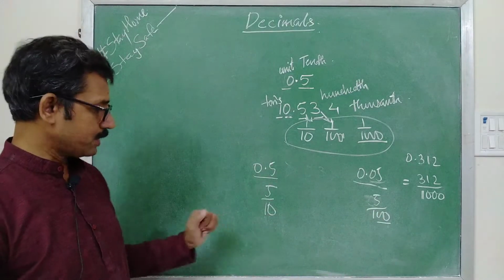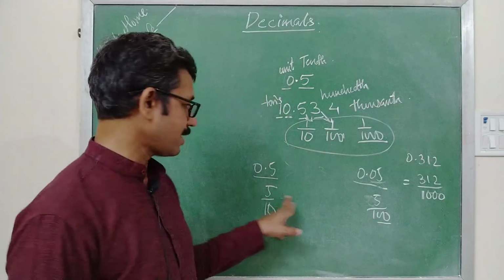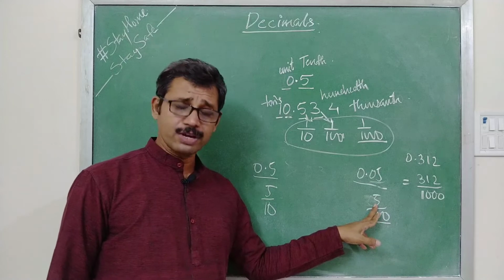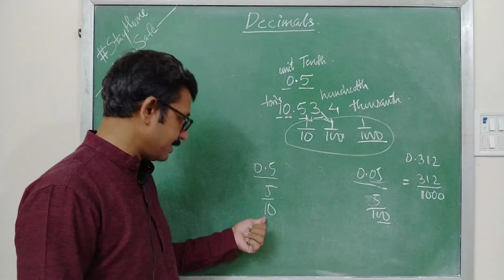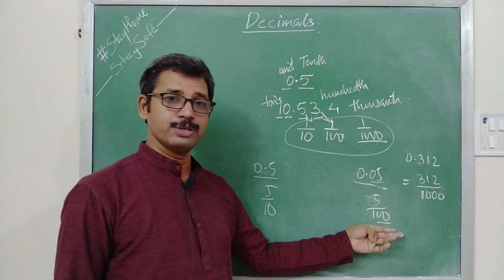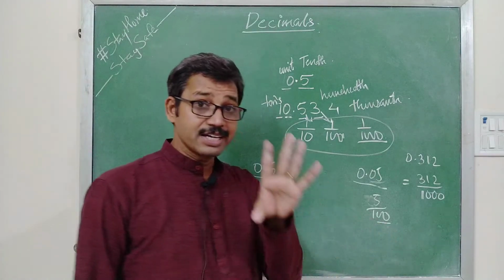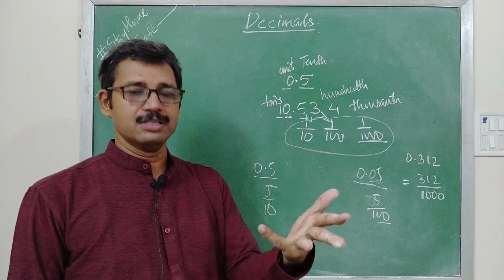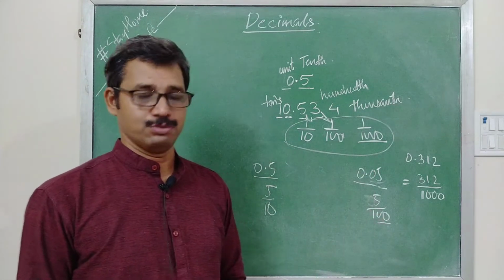Now the numerator is same, here it is 5, here is also 5, correct? About the denominator, here it is 10 and here it is 100. Among these two denominators, which is greater? This is greater. As the denominator becomes greater, then the fraction becomes smaller, that you know.